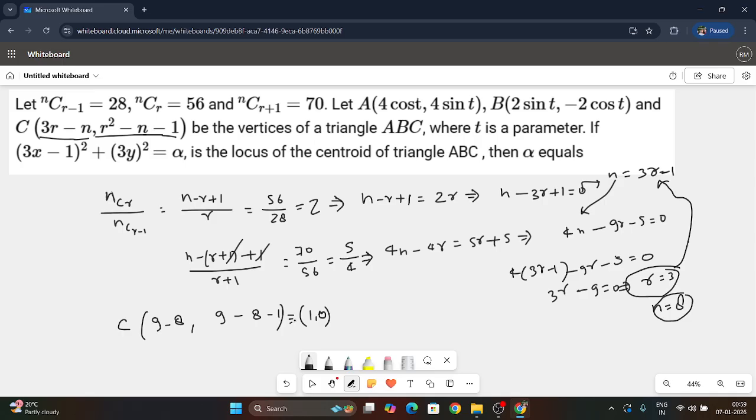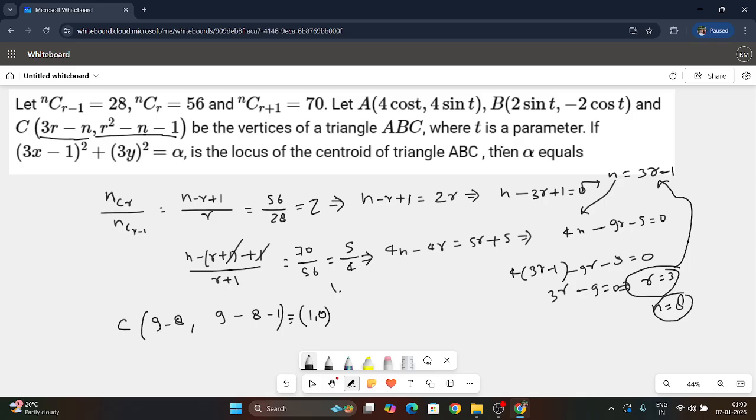Let's understand the question first. The question is saying: let A, B and C be the vertices of a triangle where t is a parameter. If the locus of the centroid of triangle ABC is given, then alpha equals to what?